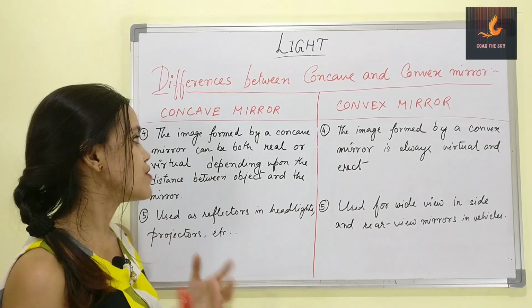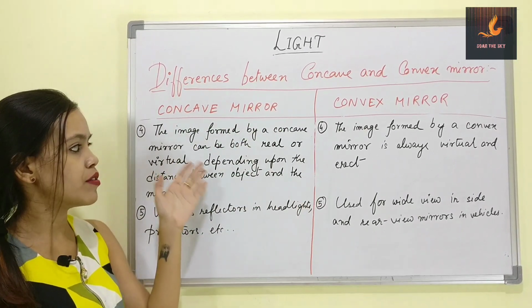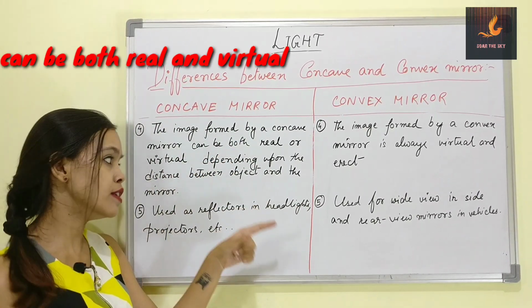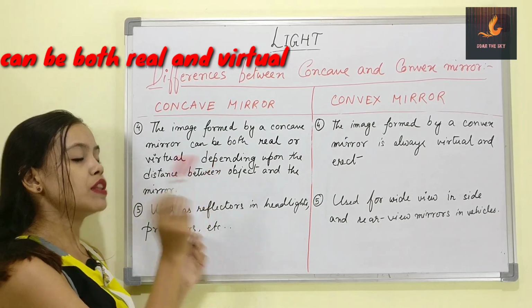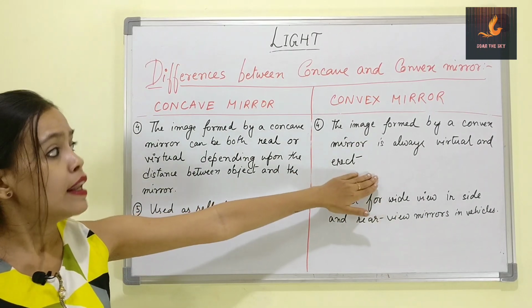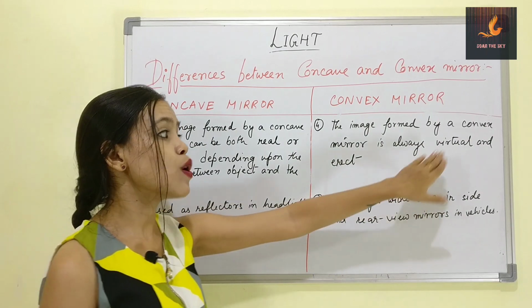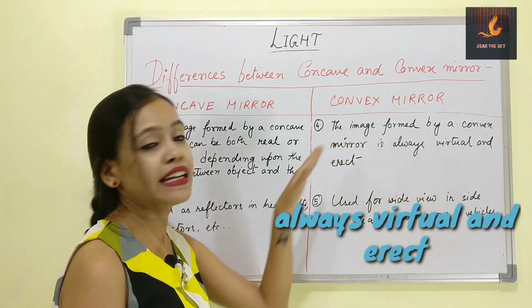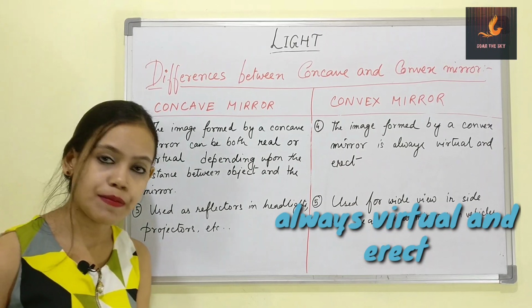The next point of difference is the image. The image formed by a concave mirror can be both real and virtual, depending upon the distance between the object and the mirror. While the image formed by a convex mirror is always virtual and erect in nature because they don't form a real image.